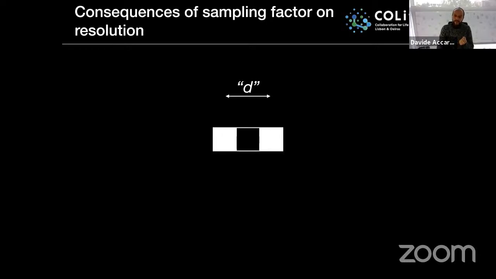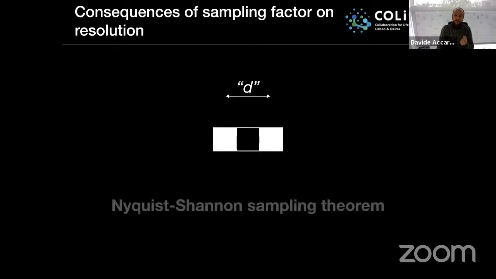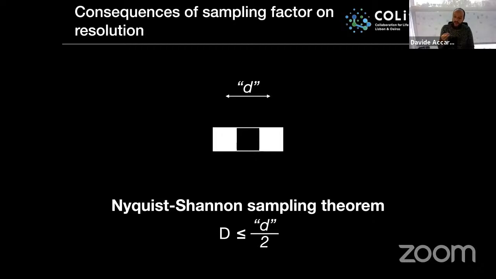This pragmatic explanation was mathematically demonstrated by Nyquist and Shannon, who formulated the Nyquist-Shannon sampling theorem, which says that to correctly represent an analog signal, whatever the signal is, in a digital signal, in our case a digital image, your sampling factor or digital resolution, capital D, must be smaller or equal to your optical resolution divided by 2, okay? This is what you need to refer to.